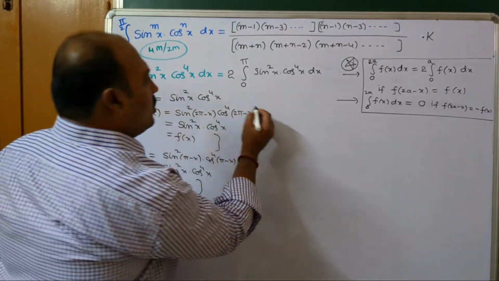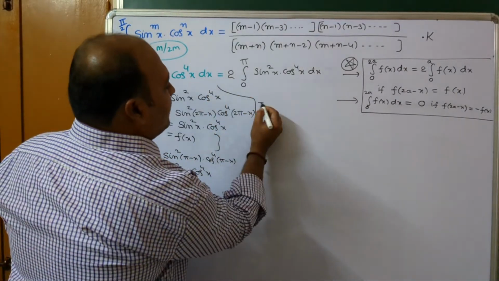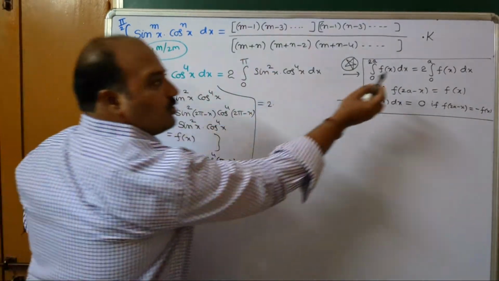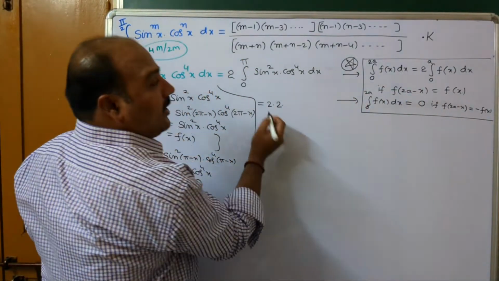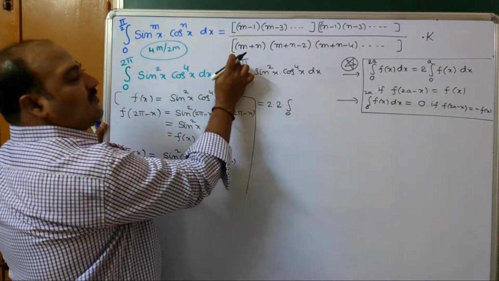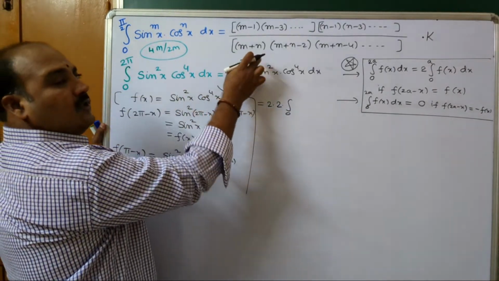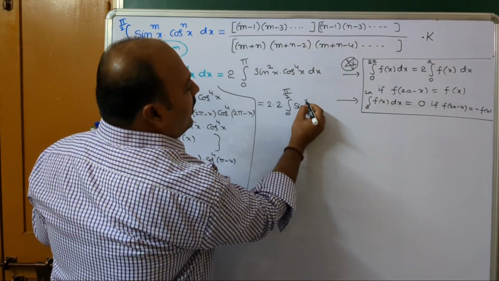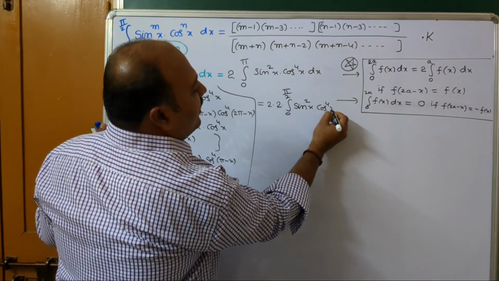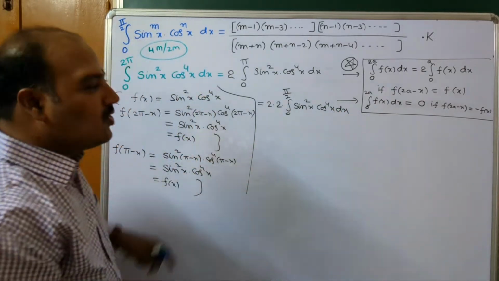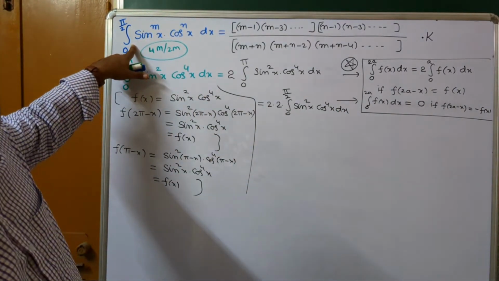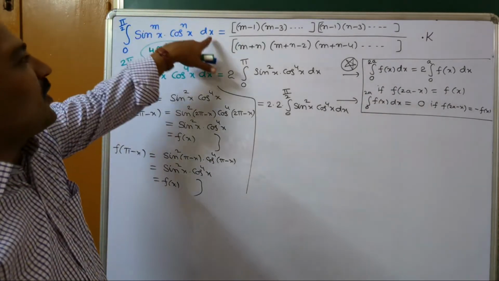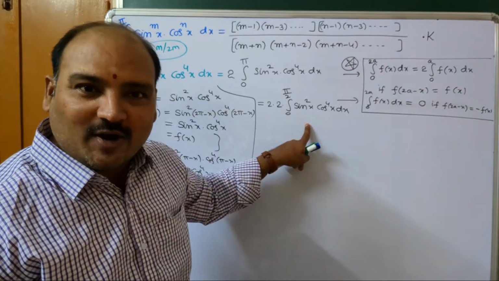So that is equal to 2 already there, and again it is an even function, so we write 2 times 2 times integral 0 to half of the upper limit. Here 2 pi by 2 means pi, and in that pi, half of the upper limit is pi by 2. So sin square x cos power 4x dx. Now it is reduced into this form: integral 0 to pi by 2 sin power m x cos power n x dx. We got it in that form.